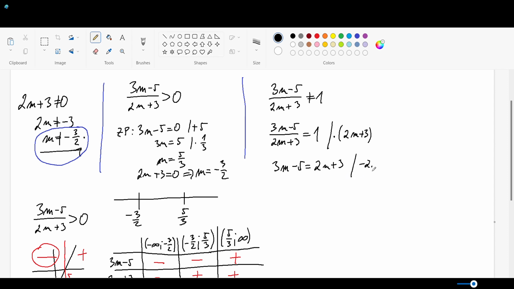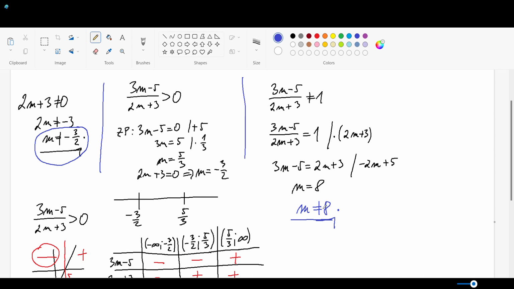So let's do the operation minus 2 times m plus 5, which means m is equal to 8. And now as we change from cannot be equal to 1 to equal to 1, we make the final conclusion that m cannot be equal to 8.